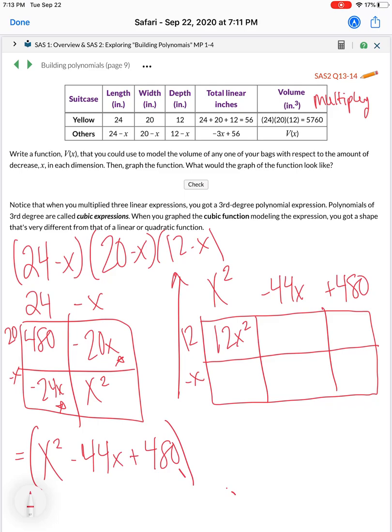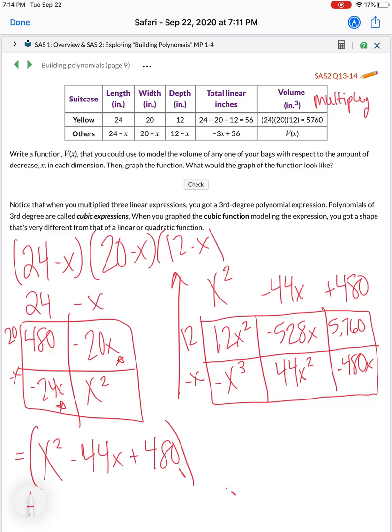So, I have 12x squared, negative 528x, 5,760, a negative x cubed, a positive 44x squared and a negative 480x.